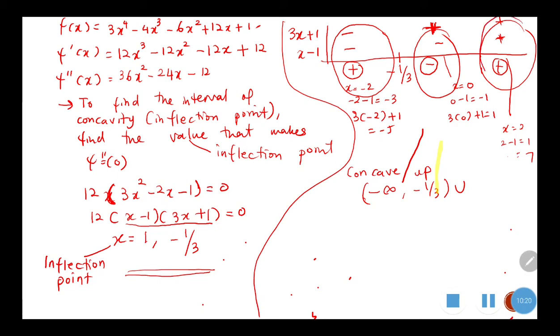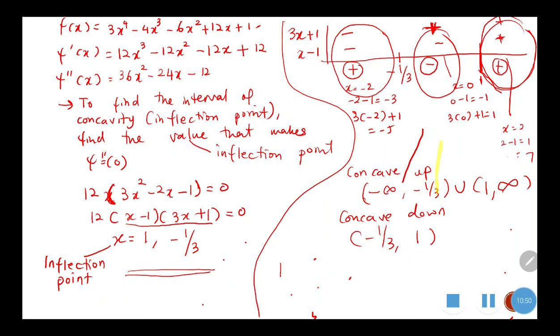This part here, it is 1 here, right? So it is from 1 to infinity. And concave down is the part in the middle, which is from minus 1/3 to 1.